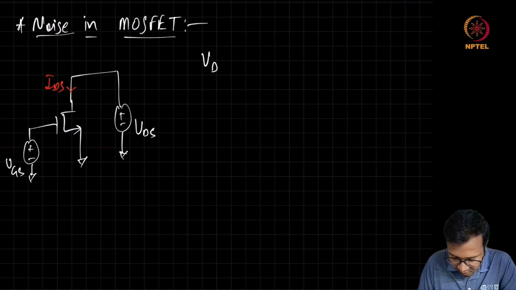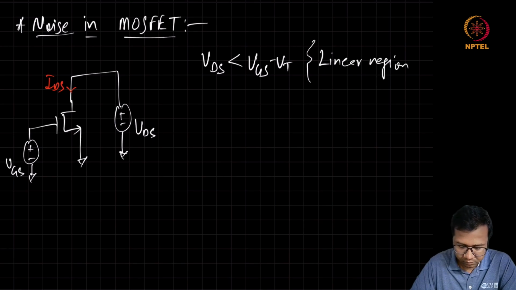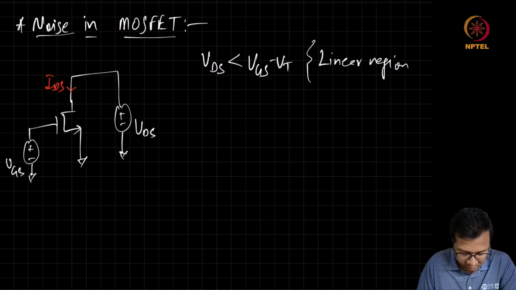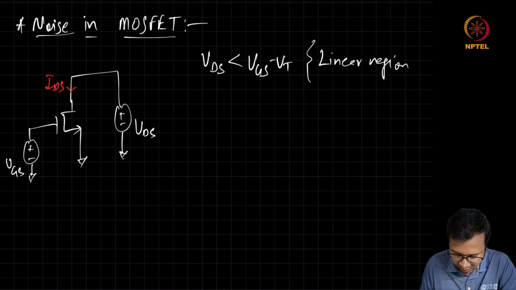So in the linear region, we know a MOSFET acts like a resistor, and since it acts like a resistor, we also expect this MOSFET to then have a thermal noise just like a regular passive resistor.